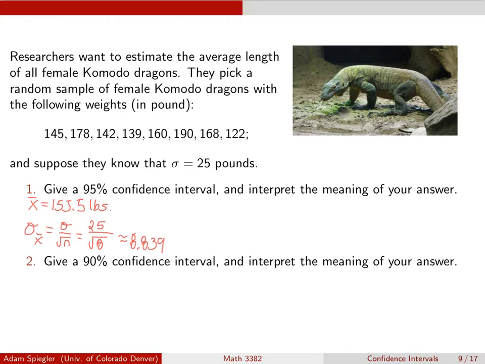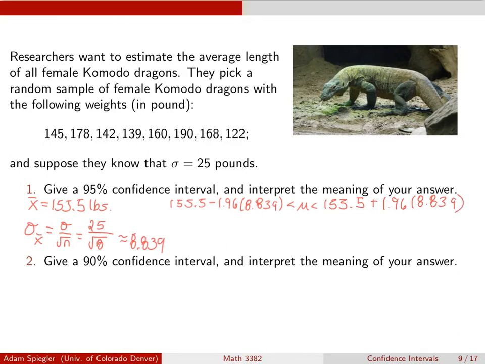And that's all we need for the 95% confidence interval. I need to know what my mean is and what's the variability that I should expect in that estimate. So my lower limit would be 1.96 times the standard error below my sample mean. The upper limit would be our sample mean, 155.5 pounds, plus 1.96 times the standard error, which is 8.839.